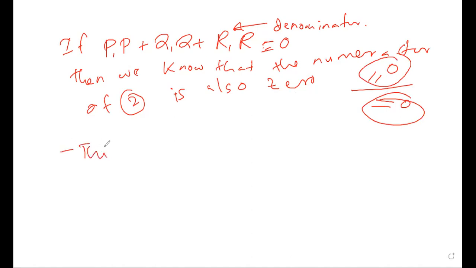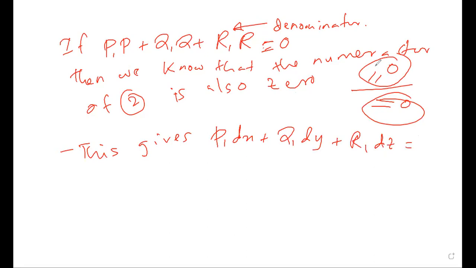So write continuously. This gives P1 dx plus Q1 dy plus R1 dz equals 0.